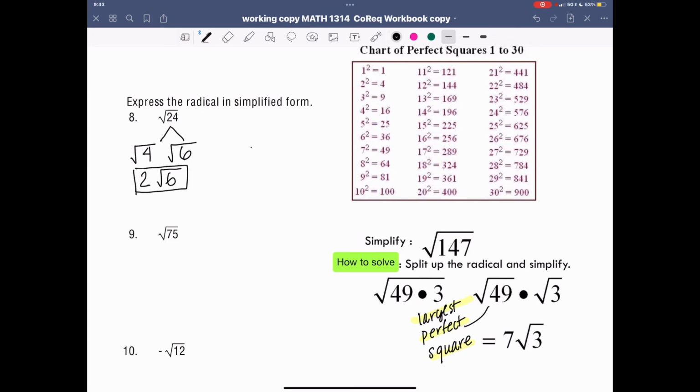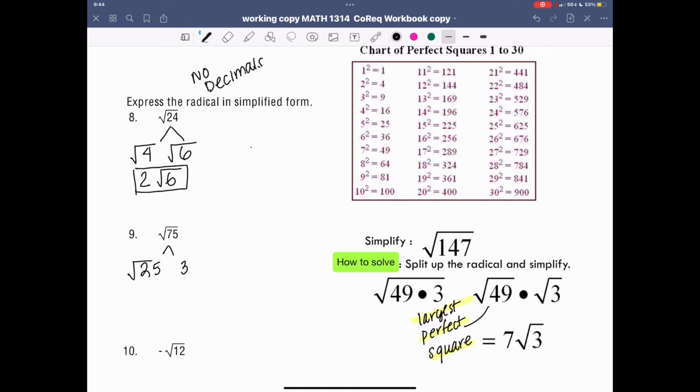You can also do this in the calculator. I want to say no decimals are allowed in these answers. So that's why we're looking for radical form. So if we look at number 9, we have the two factors of 25 and 3. 25 is a perfect square.